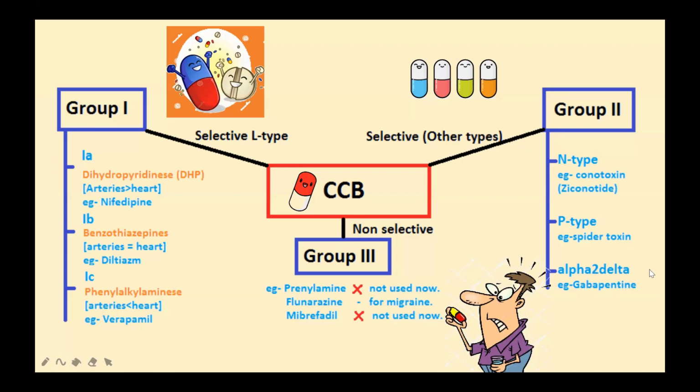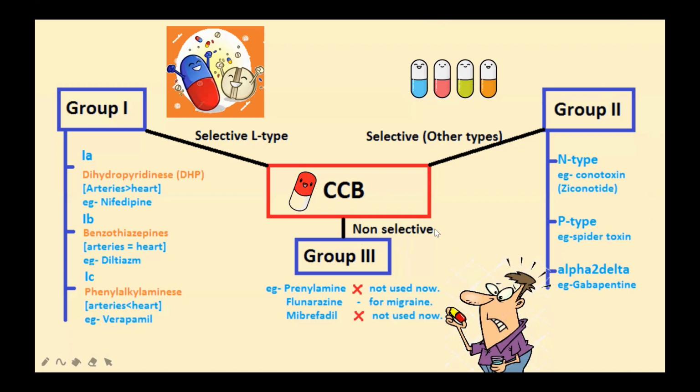And alpha-2 delta channel blockers, mainly we are using gabapentin. There are other types of calcium channel blockers with a wide range of activities. These calcium channel blockers not only act on cardiomyocytes and smooth muscle cells, they act on the brain and on skeletal muscles, like gabapentin on the brain. So there are other types as well.